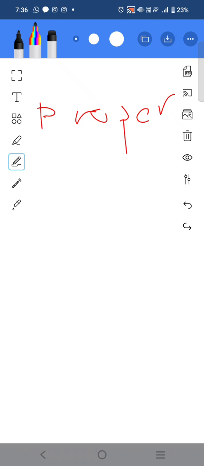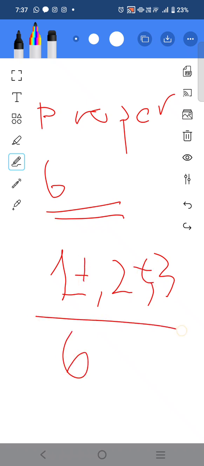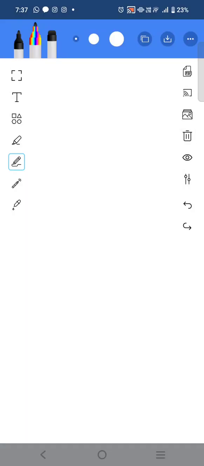Proper divisors are the divisors except for the number itself. So we won't write 6 in the proper divisors. 1, 2 and 3 are divisors of 6. Now 1 plus 2 plus 3 is 6. So that means 6 is a perfect number.